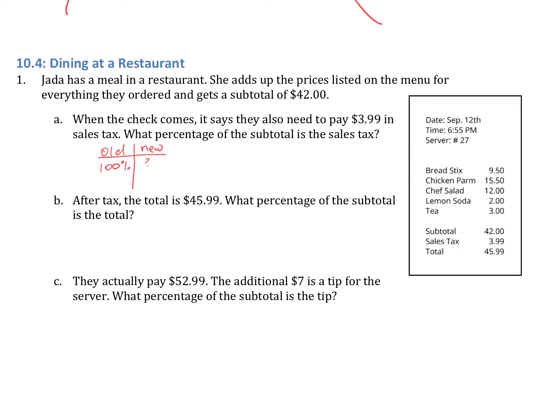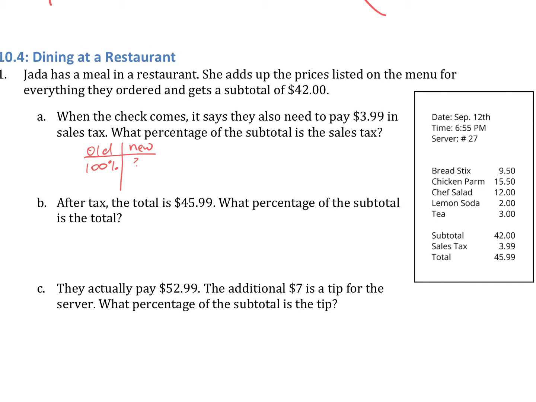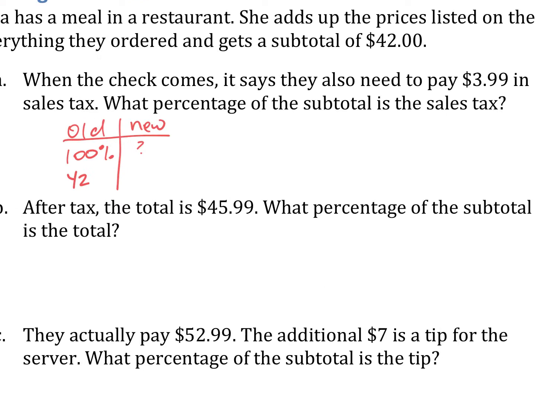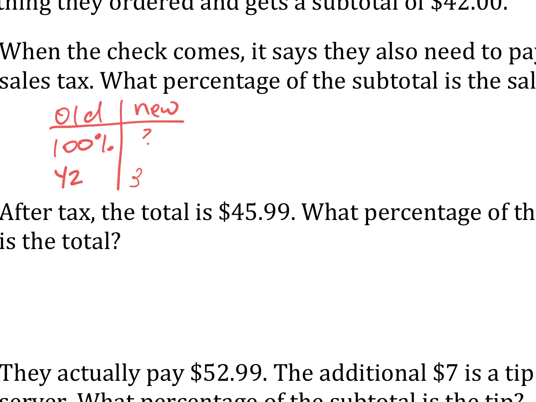When the check comes, it says they need to pay $3.99 in sales tax. So if our subtotal is $42 and we pay an additional $3.99. Although typically in the past we would write the new price after you add the $3.99, let's keep it as just $3.99 so we can figure out what that percentage is.